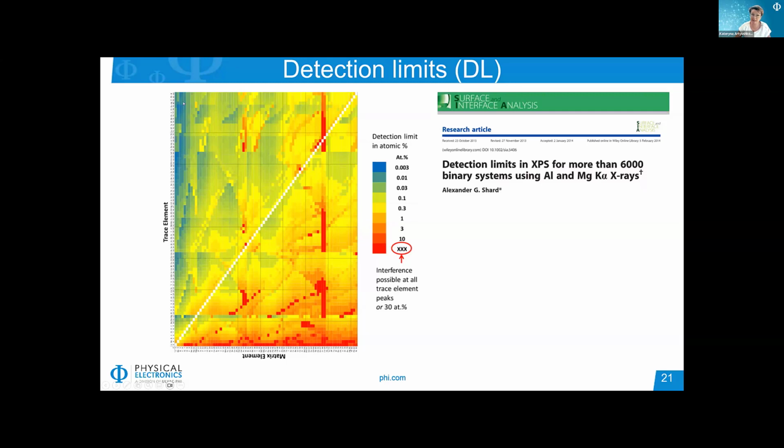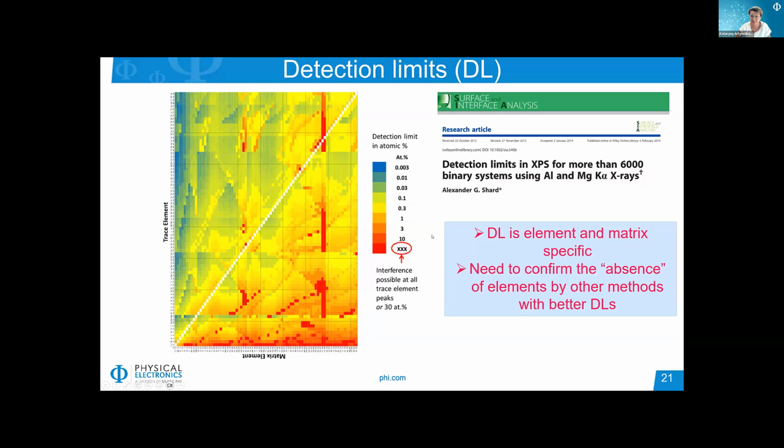The detection limit for a light element in a light matrix can be as small as 0.003, while when you have matrices of higher Z elements and trace elements as well, it can be as large as 10 or not even detected at all. So this can be a first step of guiding your expectations for your hypothesis and your experimental design.